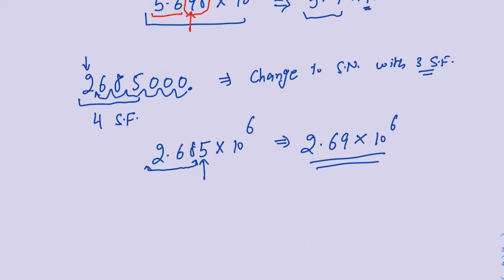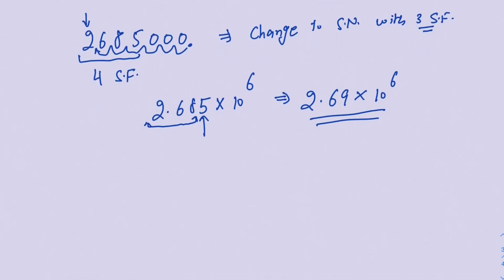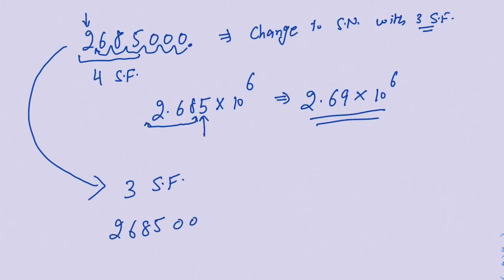Now, there are times when they ask you questions like, what if you want to change this particular number into 3 sig figs, but not writing in the form of scientific notation, but just changing into 3 sig figs. So let me just go and write down this original number. That's 2685000.